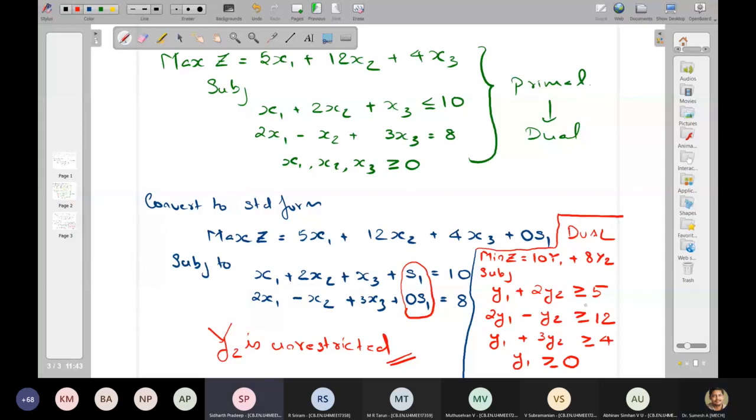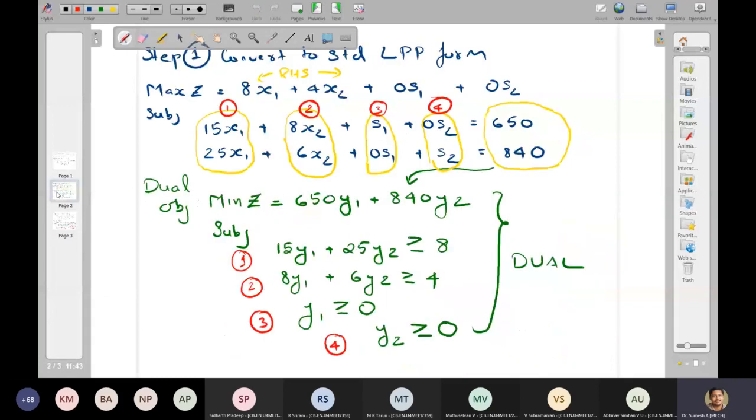Sir, in the previous problem, you have given y1 greater than 0 and y2 also greater than 0. You see the problem: both the constraints are less than symbol. So I added plus S1 here and plus S2 here.